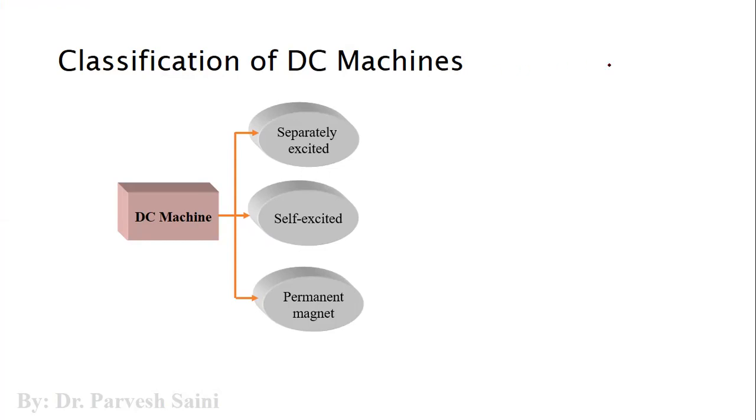Now, when we say field system, we actually mean how the magnetic flux is generated, where phi indicates flux.